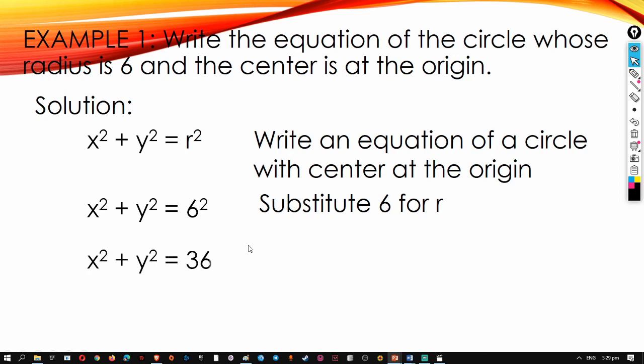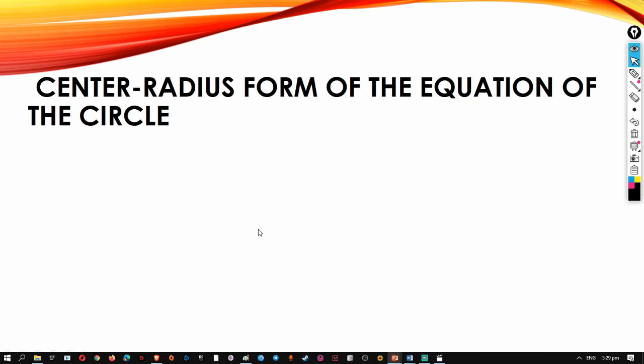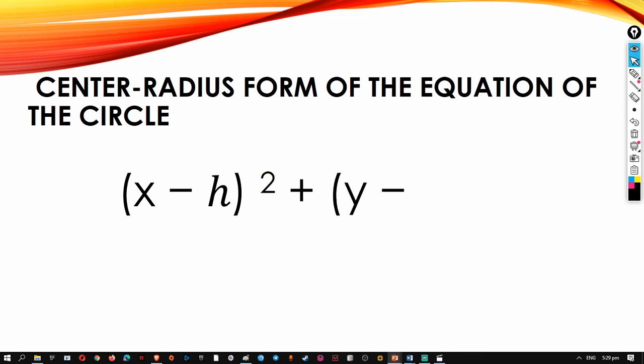So, we'll get 36. So, the answer is x squared plus y squared equals 36. Next, paano naman pag wala sa origin? So, ang gagamitin nating formula ay x minus h squared plus y minus k squared is equal to r squared.